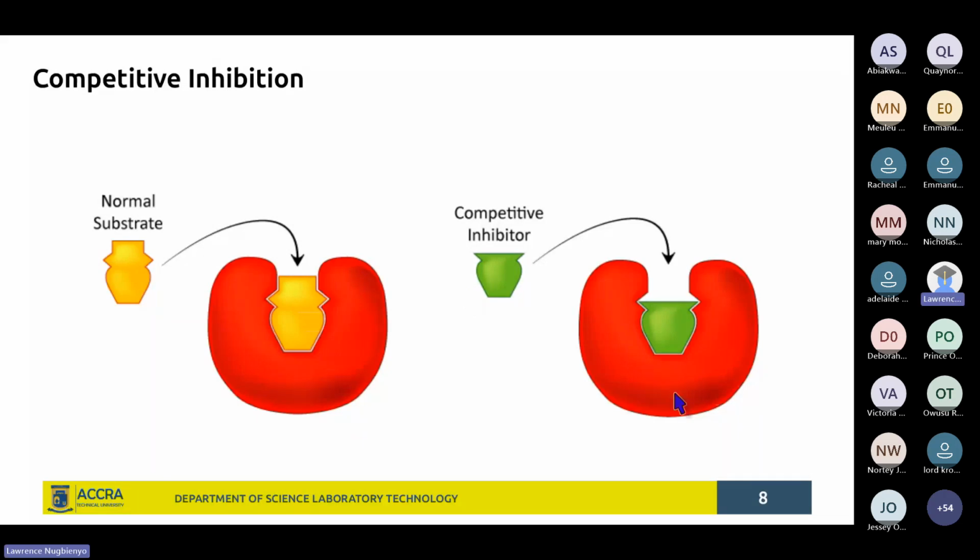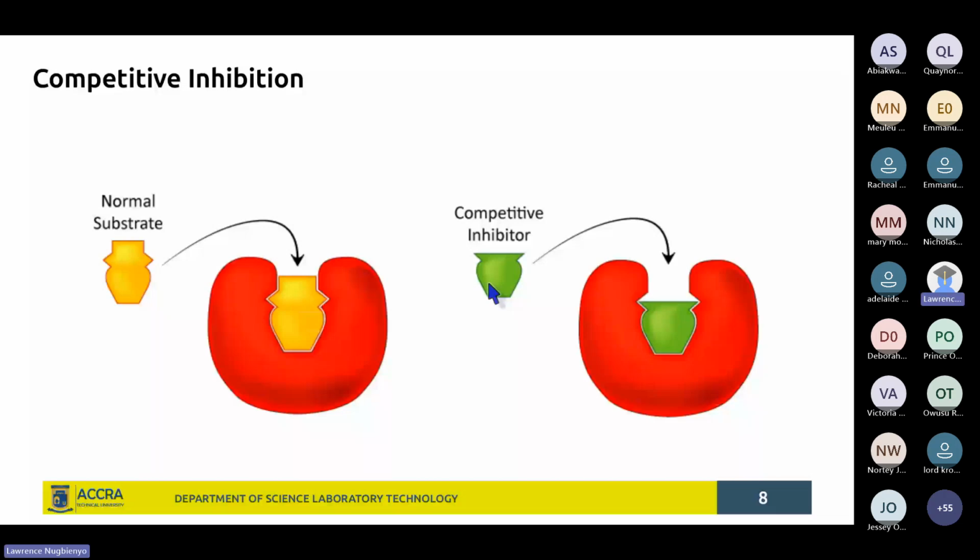It will bind, but it will not result in a chemical reaction, which means it only binds there and prevents the enzyme from binding onto its substrate, so the chemical reaction which is supposed to be catalyzed by that enzyme will be prevented. So that is competitive inhibition. Competitive because the substrate and the inhibitor are competing for the active site of the enzyme.